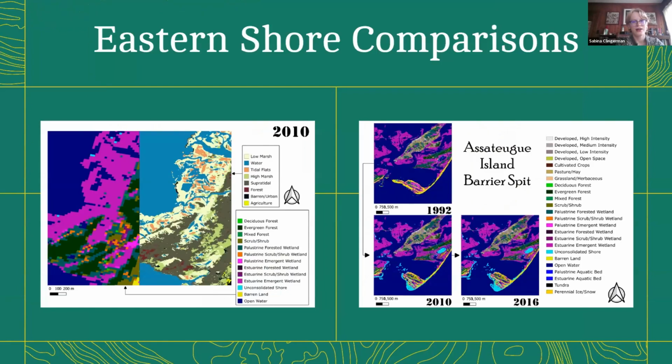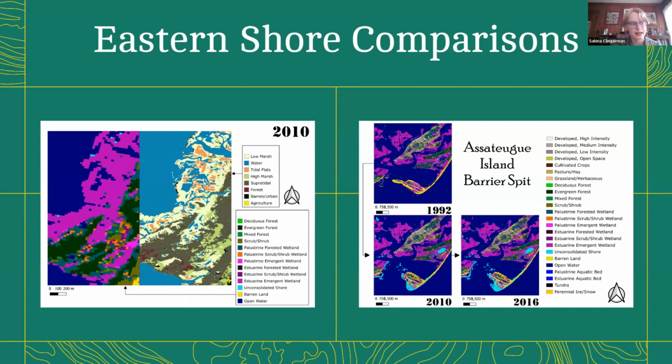And then onto the Eastern Shore comparisons, Astigui Island. So these maps show, the purpley maps are not ones that I made. They're the National Oceanic and Atmospheric Administration's Coastal Change Analysis Program. So I took that on the left and compared it to a map that I made using very high resolution data from the Worldview 2 commercial satellite.